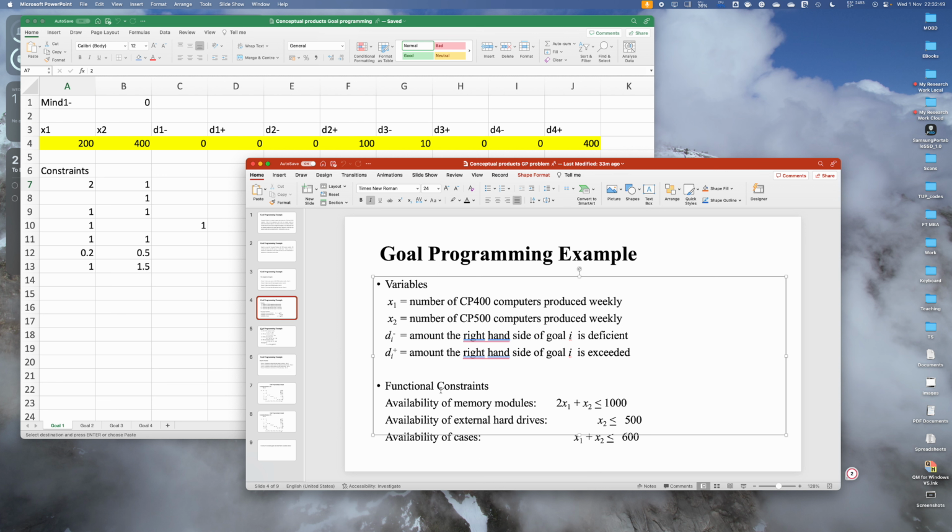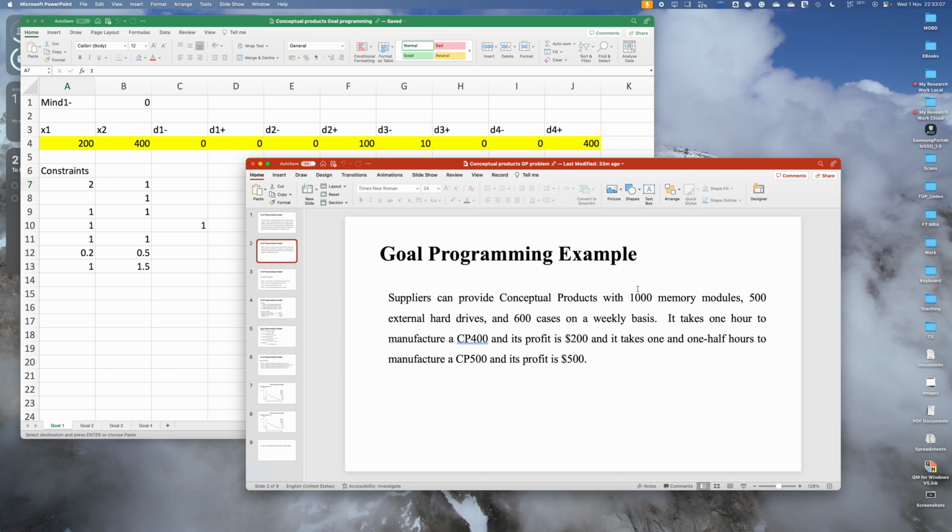The functional constraints are, for example, the availability of the memory modules. As I said earlier, it takes two memory modules in the CP400 and one memory module in the CP500. That's why this is 2x1 plus x2. It cannot exceed what is available to us, so 1000 memory modules are available.